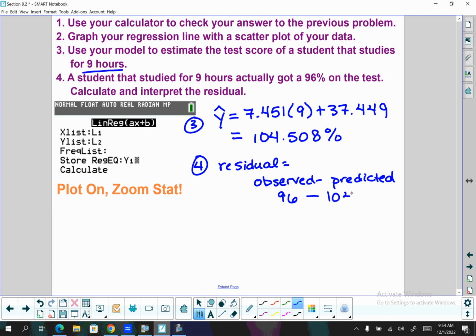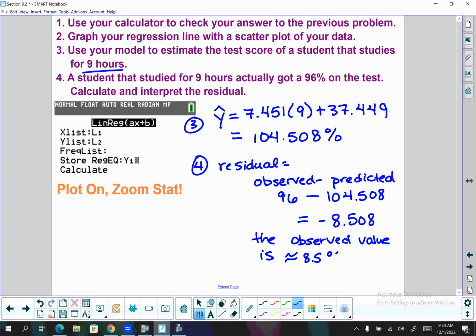They got a 104.508. So if I subtract those, I get a negative 8.508. Okay, so what does that tell us? It means the observed value is about 8.5%, I guess here, below our prediction.